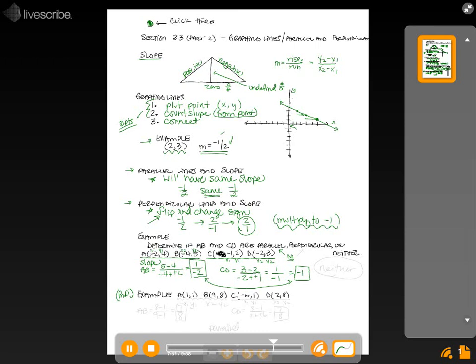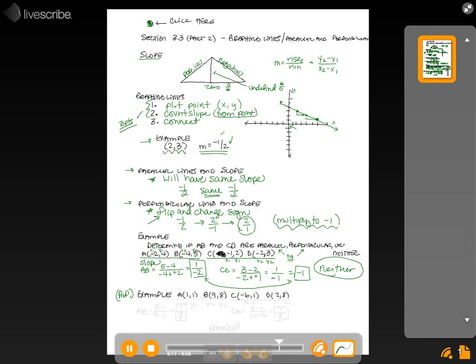Well, if you flip a negative 1/2 and change its sign, you don't get negative 1, you get 2. So they're not perpendicular either, which would mean the answer to the problem is neither.